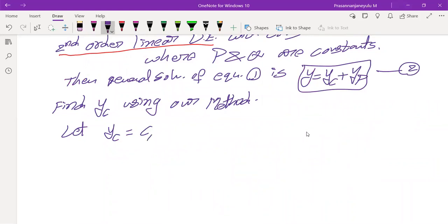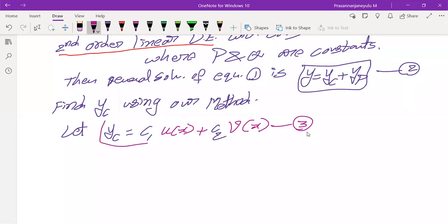We'll get c1 into e power ax plus c2 into e power bx, or if they are complex roots, e power ax into c1 cos bx plus c2 sin bx. Whatever it may be, I'm rewriting the solution as c1 into u of x plus c2 into v of x. Let this be the complementary solution.